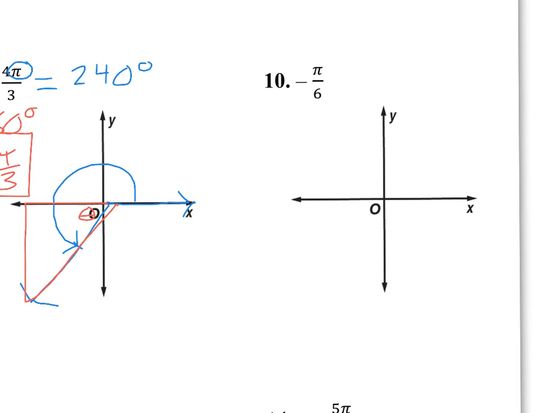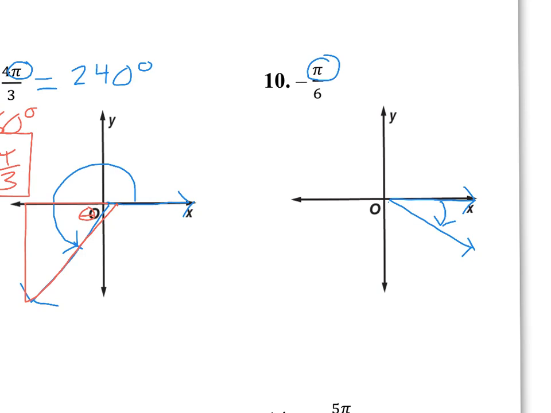On number 10, we have a negative angle in radians, remembering that pi is 180. So 180 divided by 6 is 30. So I went negative 30 degrees, and I went clockwise because it's negative.